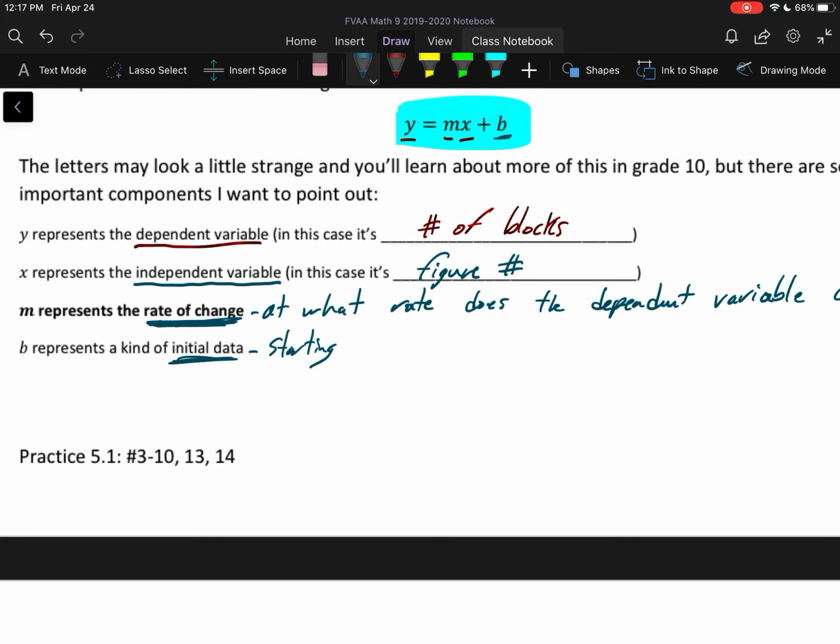That was the initial speed. So it's the starting amount, specifically, sorry, not just amount, it's the amount when x is equal to 0.